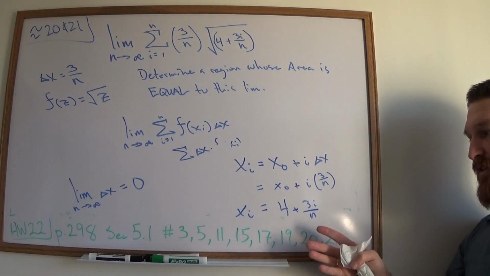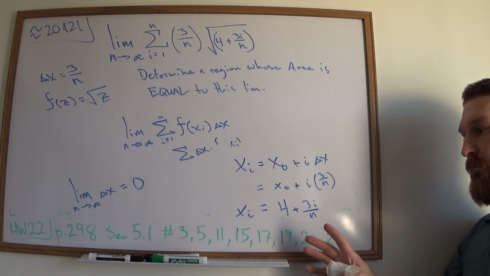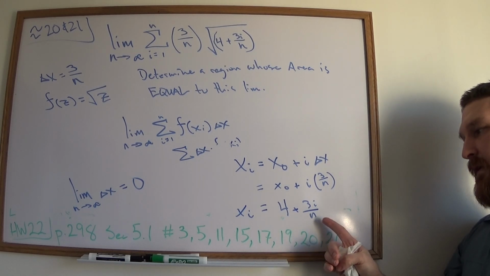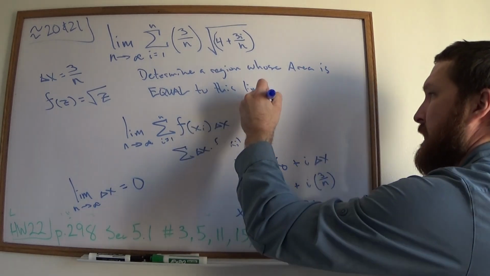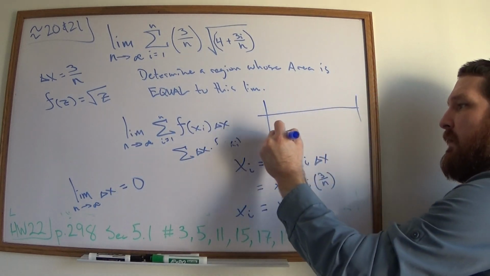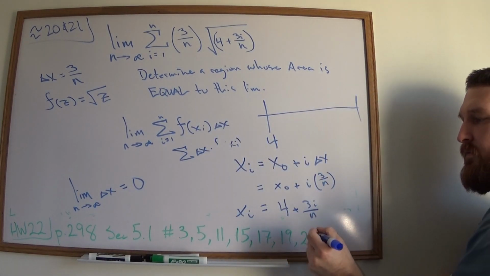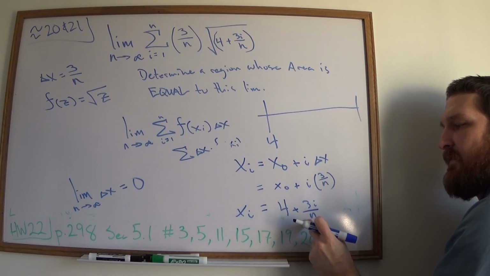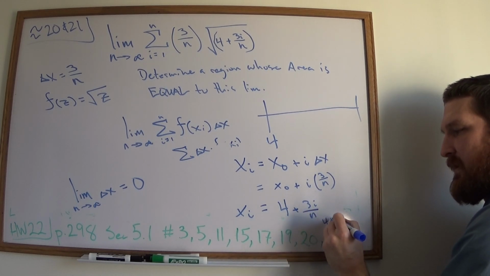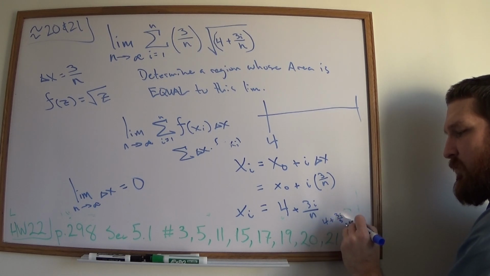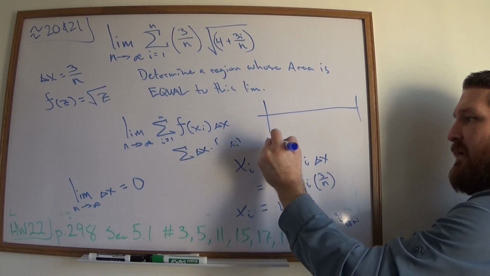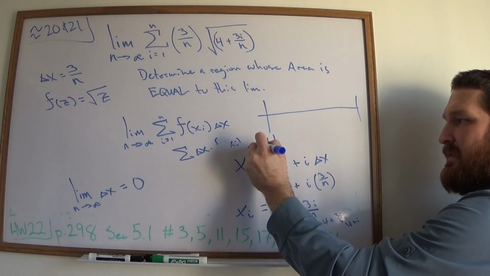So in other words, let's just think about this, right? If n were, let's say, 3, it looks like it starts here at 4 for x0. And then if n is 3, this is the same thing as 3i over 3, so how about 4 plus i? So then x0 equals 4.